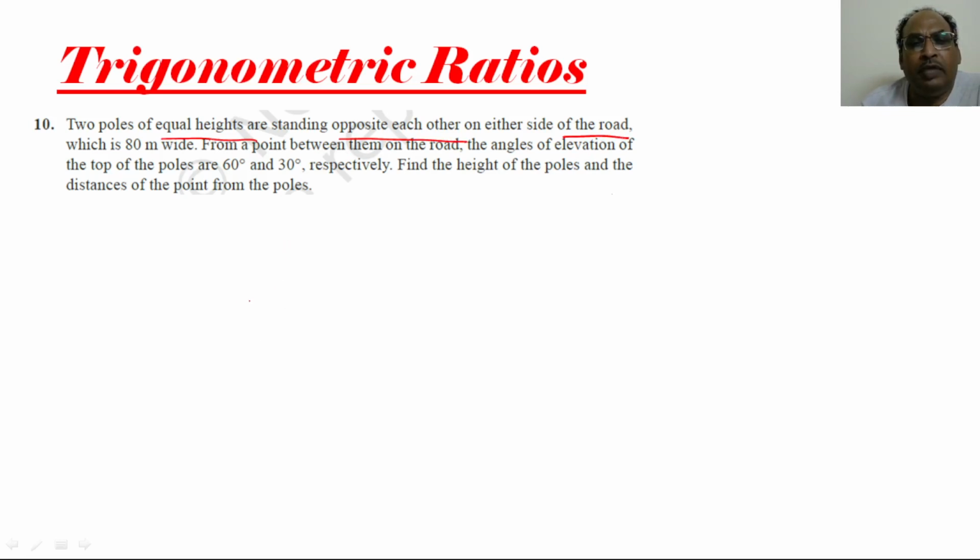So suppose you take a road and two poles of equal heights are standing opposite each other, right? So both are of the same height. So H, it is also H, two poles.